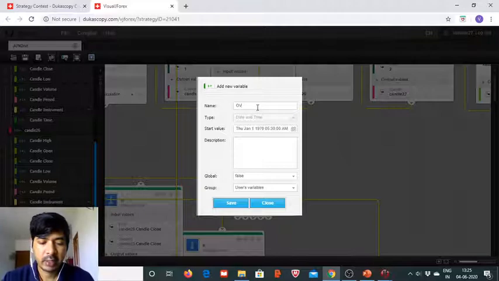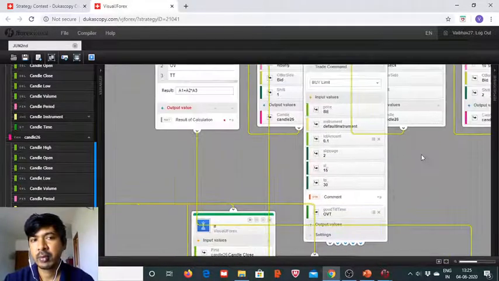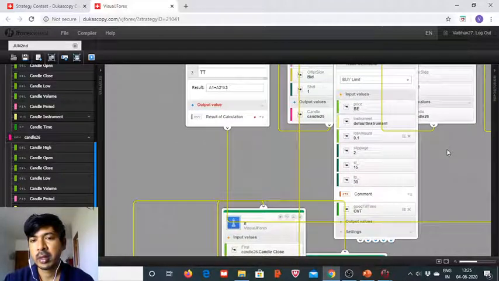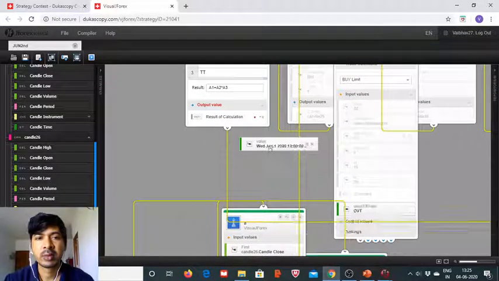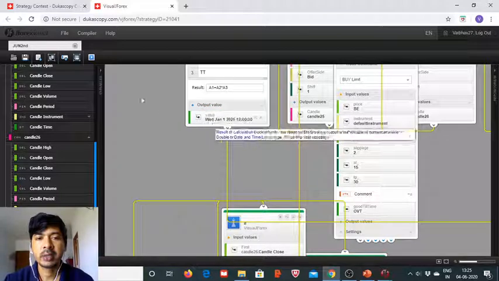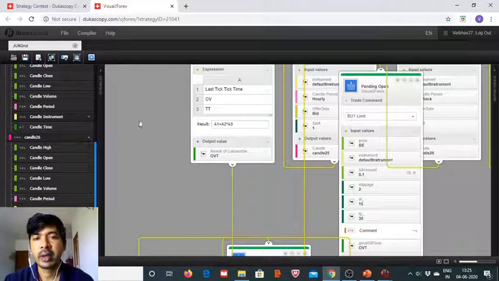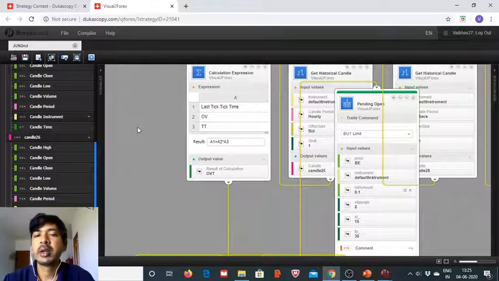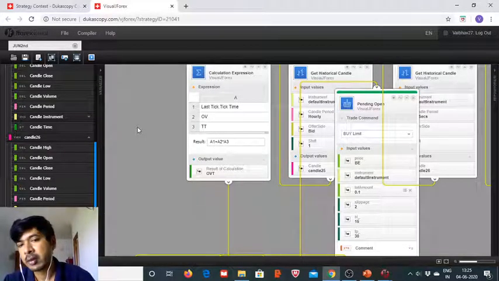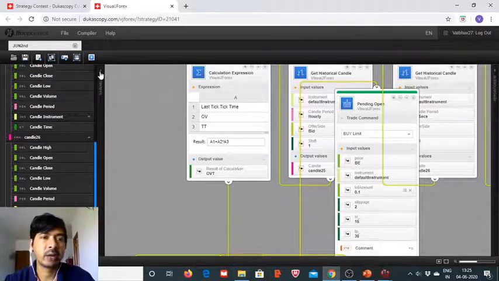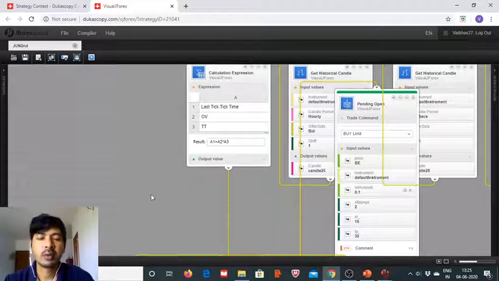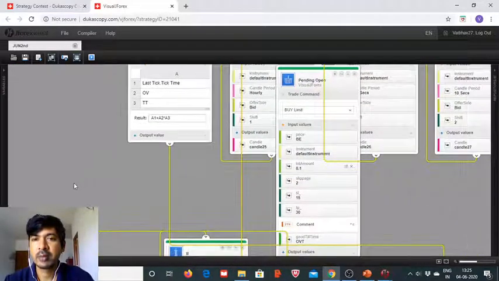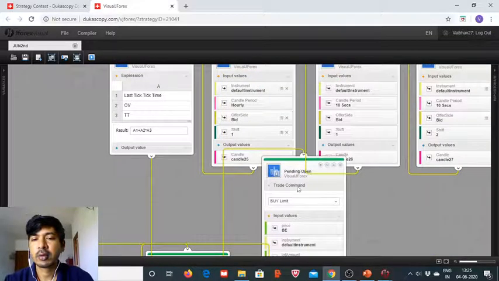So we make it OVT, and we put it as the result of this earlier calculation: last tick time added with 3.6 million ticks multiplied by 3, that is for 3 hours. So we have done all this calculation.